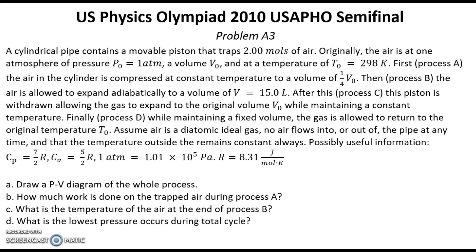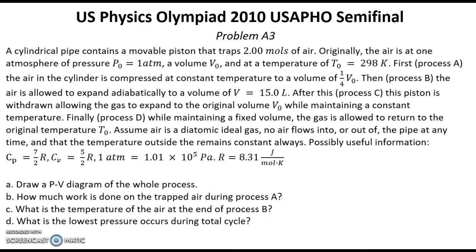The air in the cylinder is compressed at constant temperature to a volume of 1/4 V0. Then, process B, the air is allowed to expand adiabatically to a volume of V equal 15 liters.